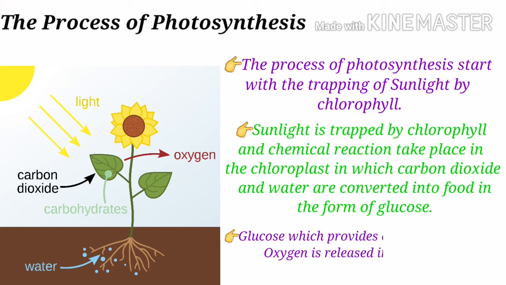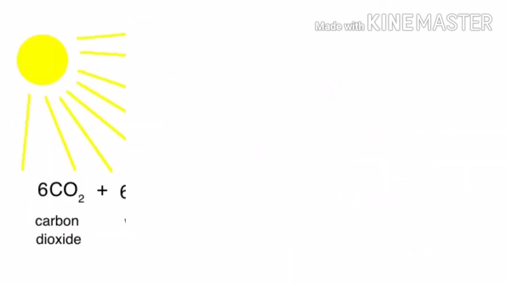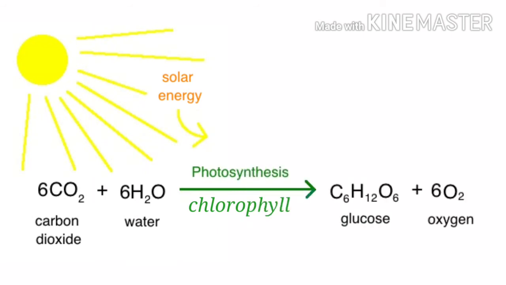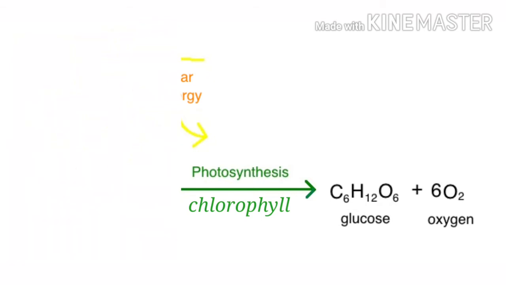It is this glucose which provides energy to the plants. Oxygen is released in this process. The process can be represented by the equation: carbon dioxide plus water, in the presence of chlorophyll and sunlight, will give glucose plus oxygen.